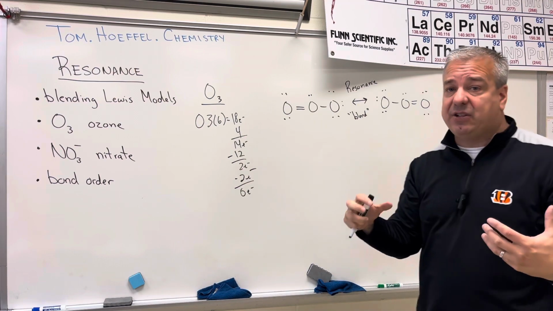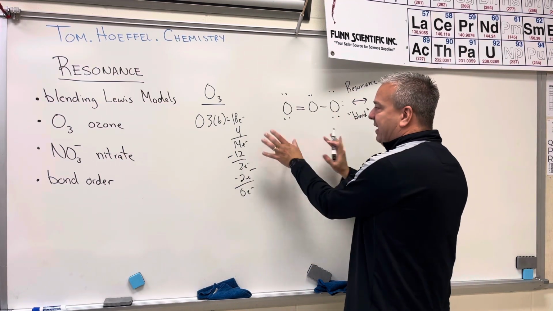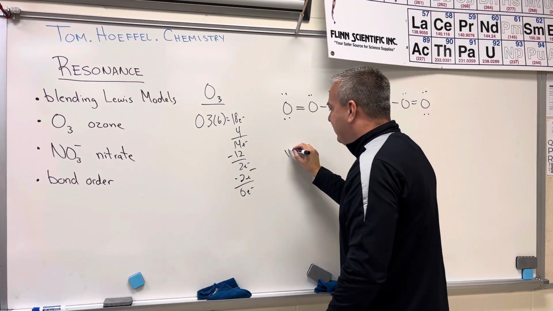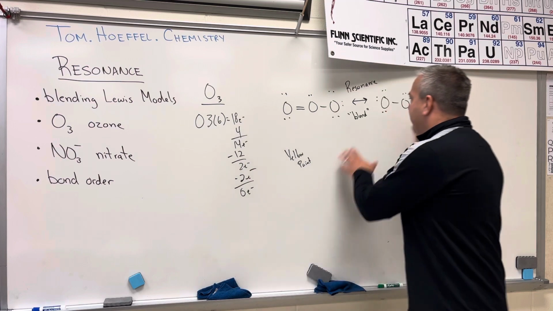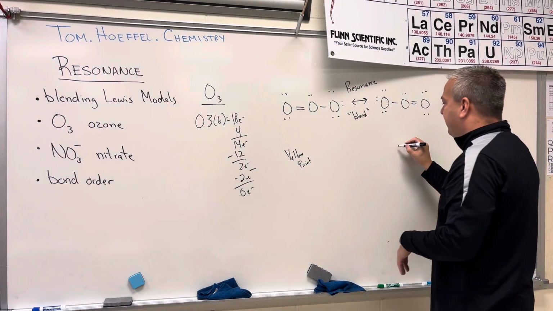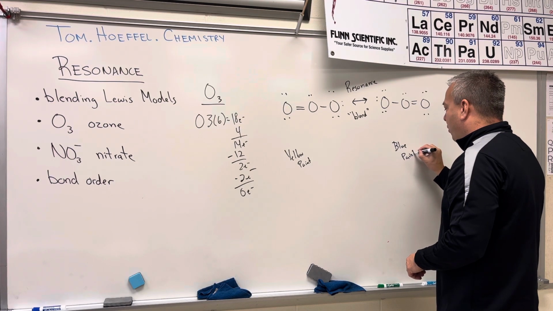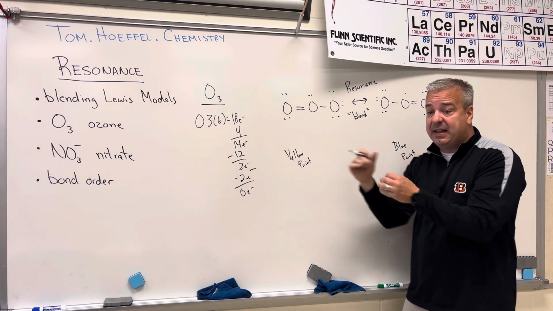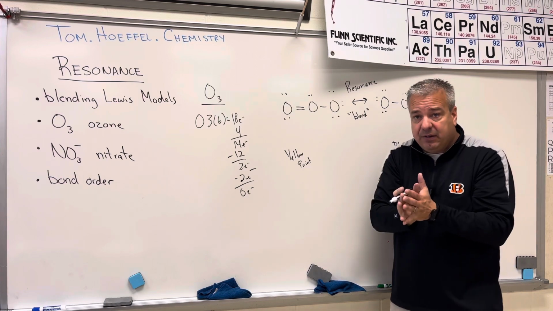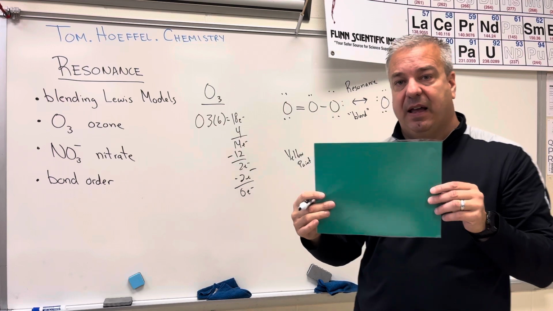Our textbook actually has a great analogy. They say, pretend that the ozone on the left is like yellow paint, and the ozone on the right is like blue paint. Hopefully you know your colors well enough that when you blend yellow paint and blue paint together, the color you actually see is green.